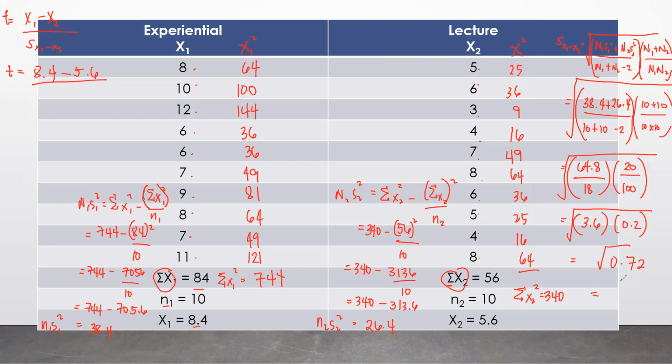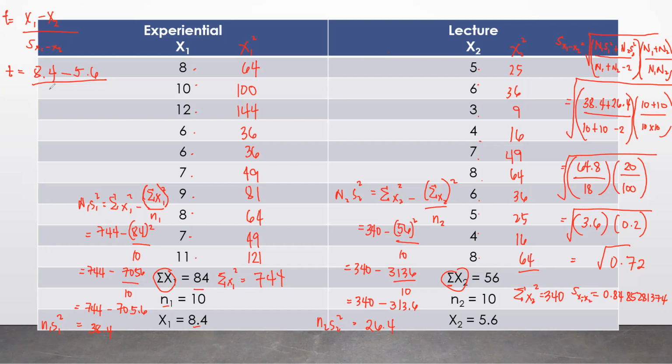Now let's get the square root of 0.72. Kopyahin ko muna ha, mamaya na ako mag-round off. 0.8485281374. So this is now the S sub x1 minus x2. Okay. Mamaya na ako mag-round off.